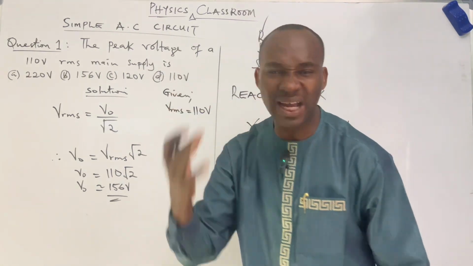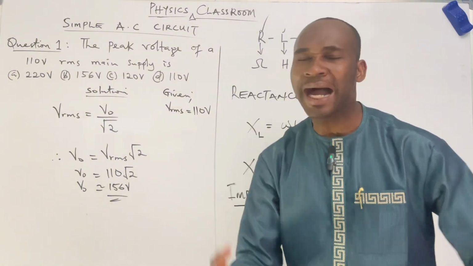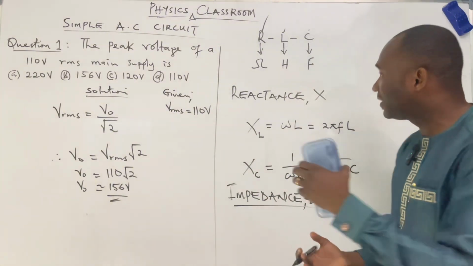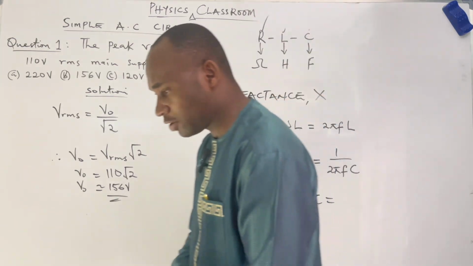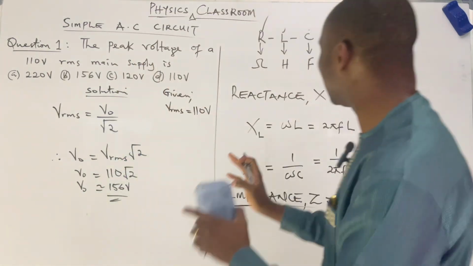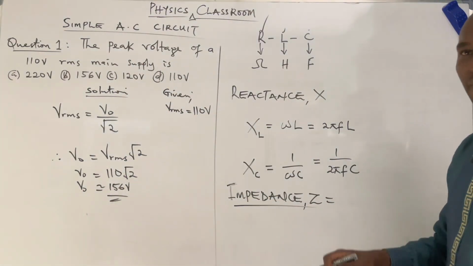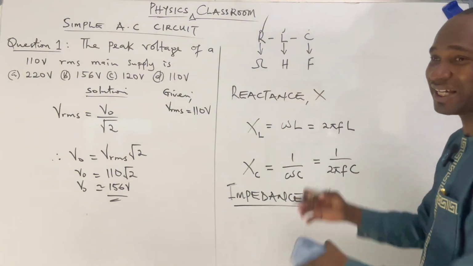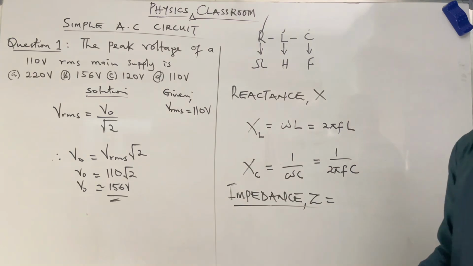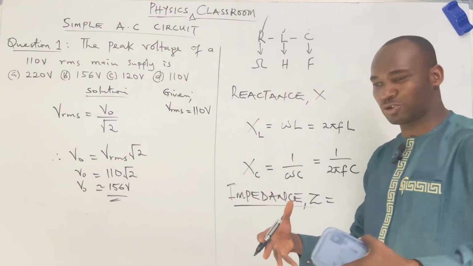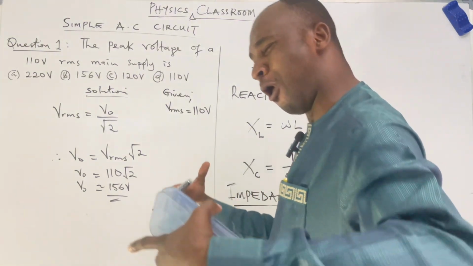Impedance is the effective opposition by 2 or 3 of the components like resistor, capacitor, inductor in an AC circuit. The effective opposition to the flow of current in an AC circuit is impedance. We use the term effective because it has to do with combination of 2 or 3.